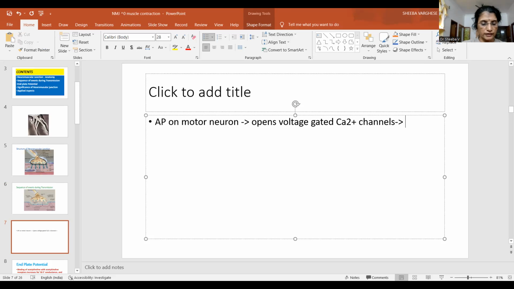This causes the excitation of synaptic vesicles. When the synaptic vesicles are excited, it causes the release of acetylcholine to the synaptic cleft.